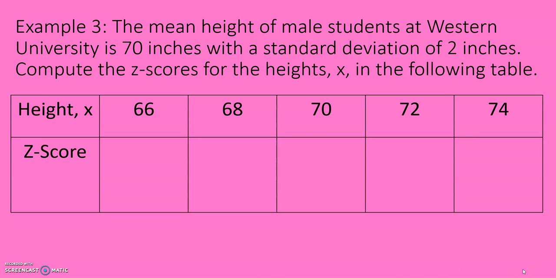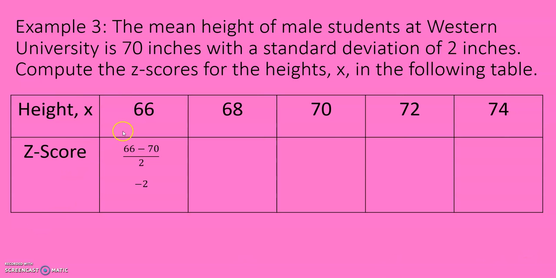Example 3. The mean height of male students at Western University is 70 inches with a standard deviation of 2 inches. Compute the z-scores for the heights, x, in the following table. Data point minus the mean divided by s.